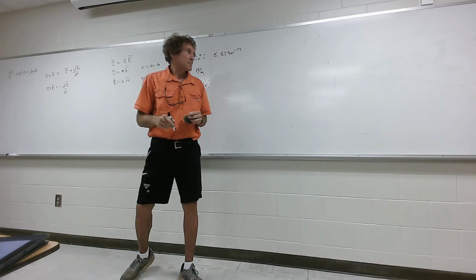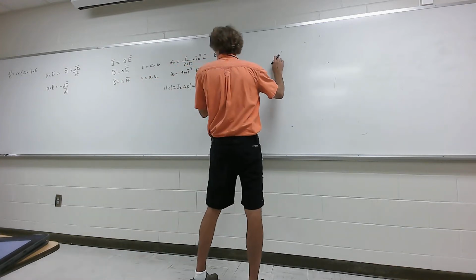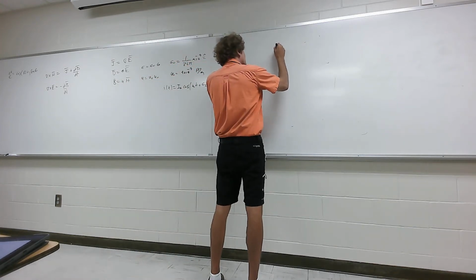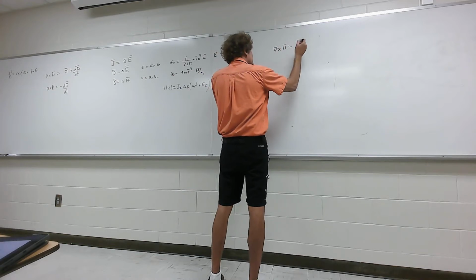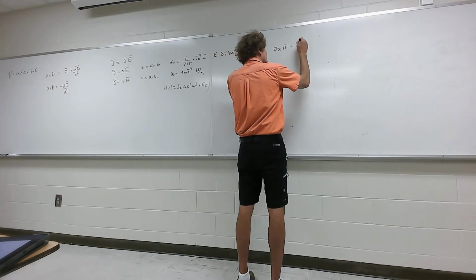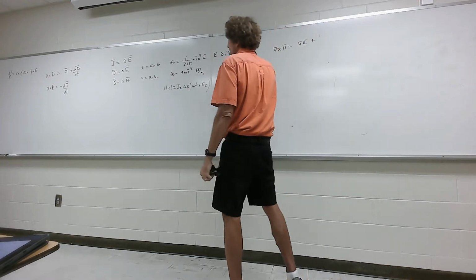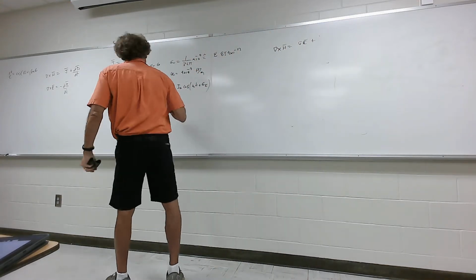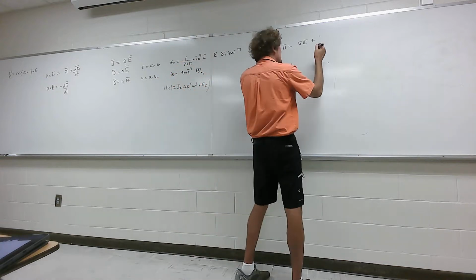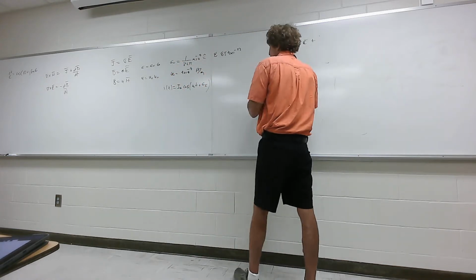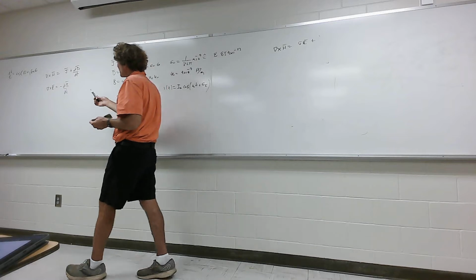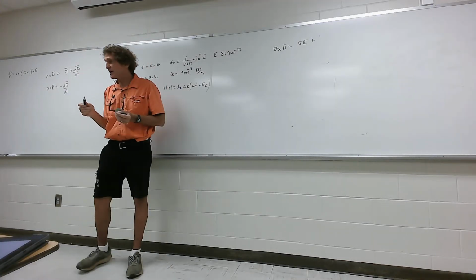So when I do that, I can say that curl of H is equal to J. Well, J is sigma E plus the partial of D with respect to t. Well, D is equal to epsilon E, so it's plus, really. And I'm also going to go to the phasor domain, so this derivative brings out a j omega. You all see that? Time derivative?